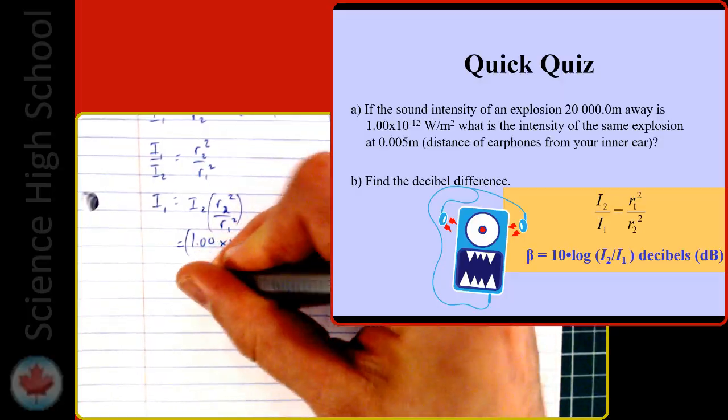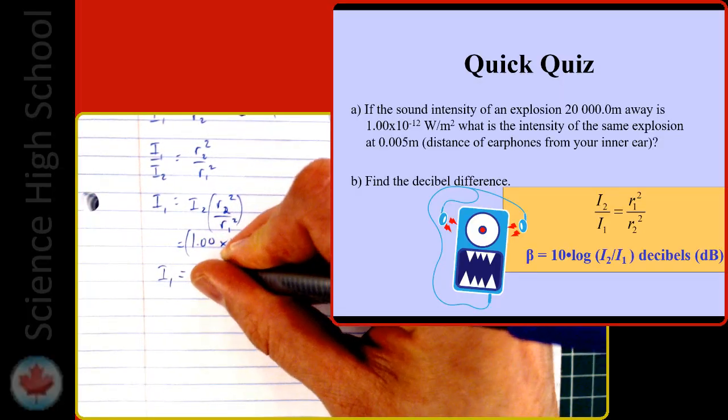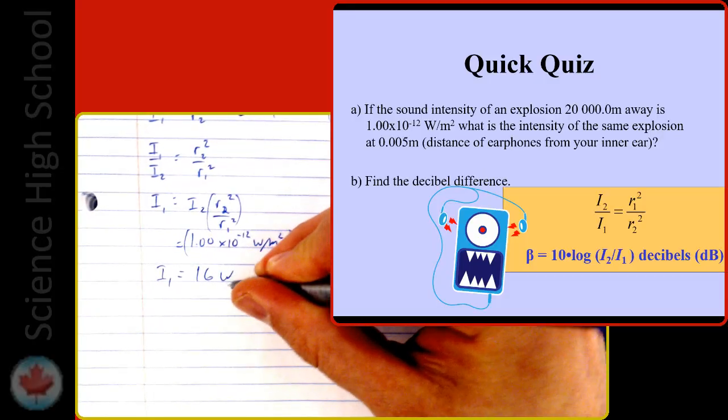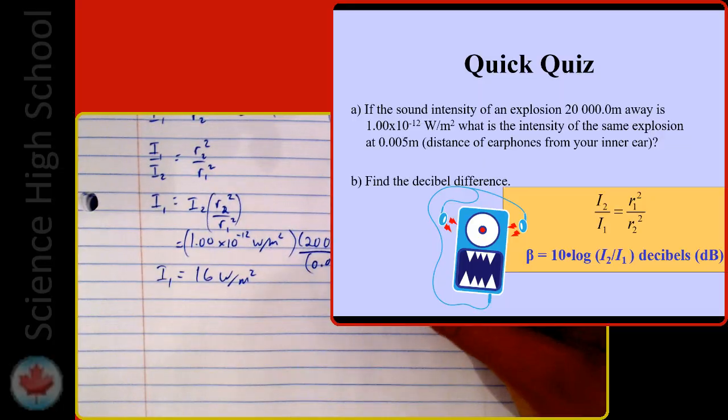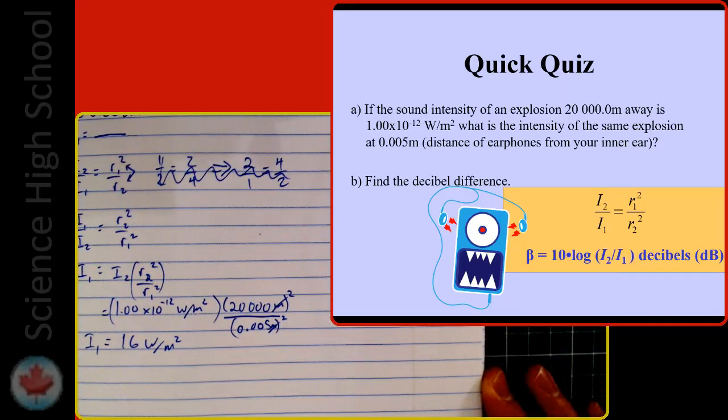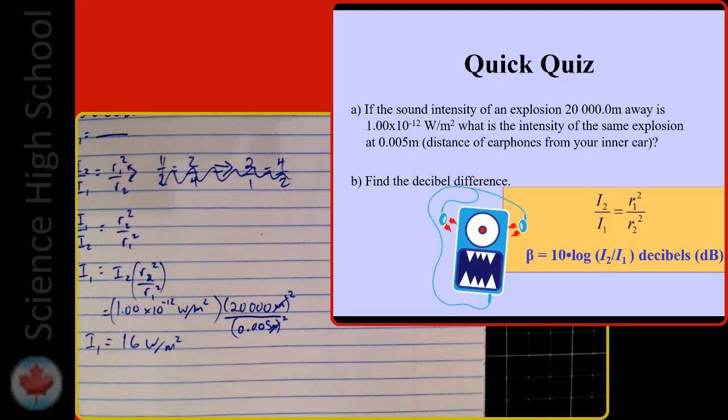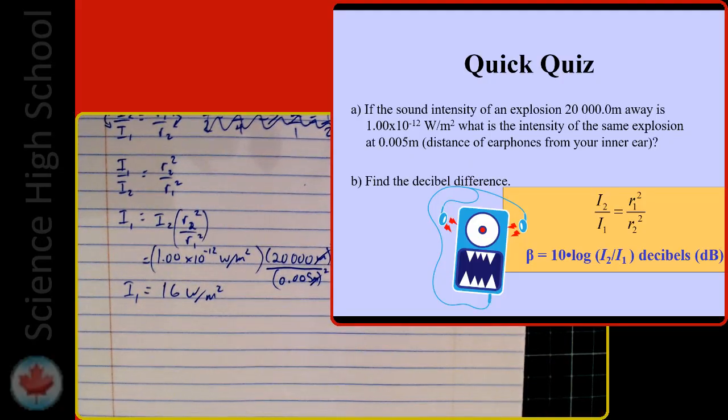All right, so I get I1 equals 16 watts per meter squared. Cool. By the way, the units, meters, cancel out over there. So I am left with watts per meter squared. All right, so that's my intensity.